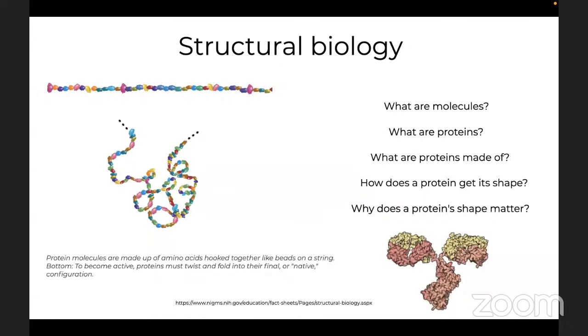They form hair and fingernails, carry oxygen in the blood, allow muscles to move, and this would be an endless list. Next question, what are proteins made of? Proteins are made of long strands of small molecules called amino acids. So amino acids, what are amino acids?